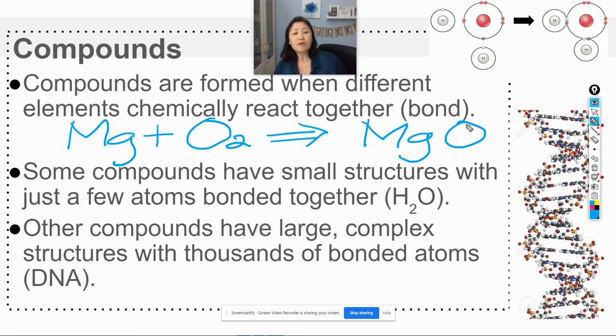Some compounds have small structures, such as magnesium oxide or water. It's made up of only a few atoms, but some other compounds have large and complex structures, as shown on the right side, like DNA, with thousands of bonded atoms.